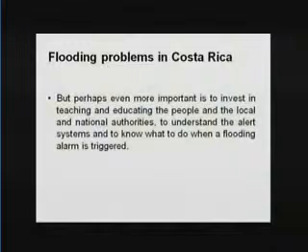But as I mentioned earlier, even more important is to invest in teaching and education for the people and the local and national authorities to understand the alert systems and to know what to do when a flooding alarm is triggered.